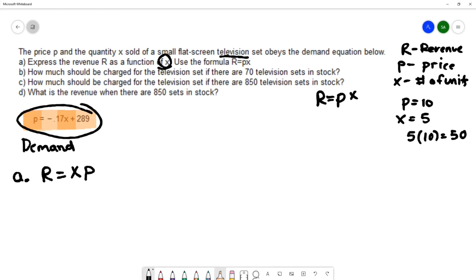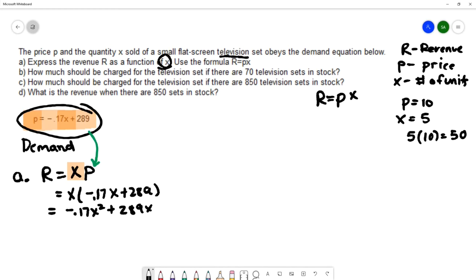Right now we have X, but we also have P. We can get rid of that P by substituting our demand equation in for P. That's going to give X times negative 0.17x plus 289. I use the distributive property to get negative 0.17x squared plus 289x.